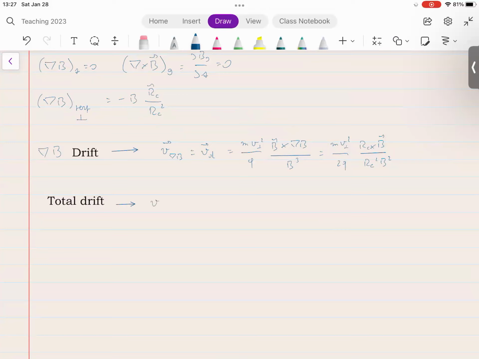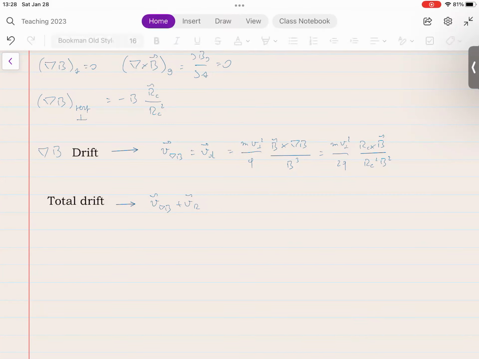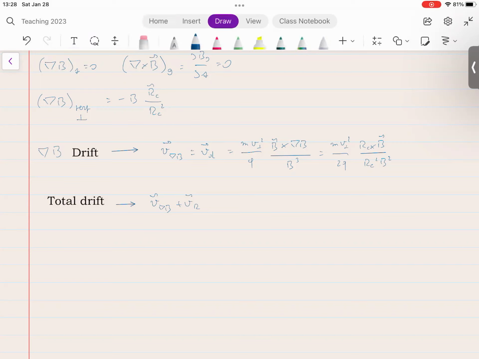So it's going to be V grad B plus V sub R. Let me write them in the opposite order. It's just going to be prettier.